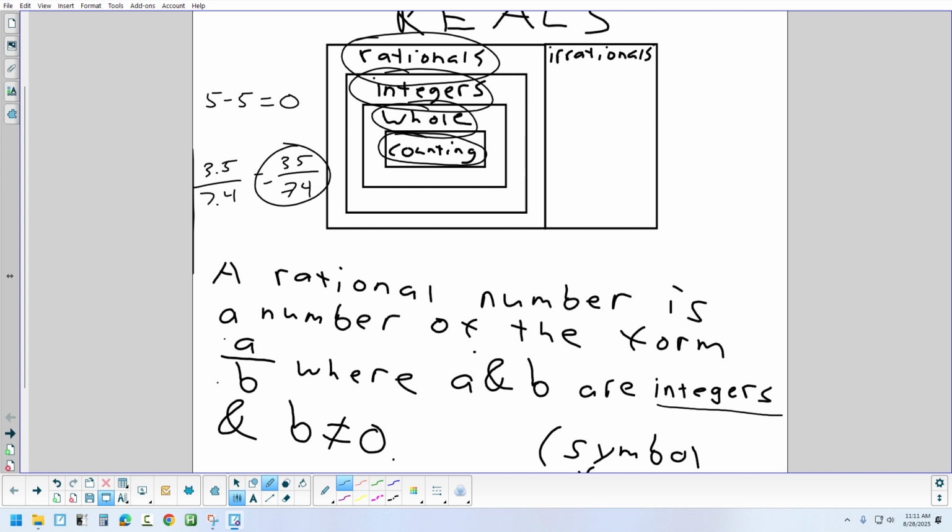But in math, there are still calculations we could do where we start with a rational number, we do something to it, and the answer isn't rational anymore. Does anybody know something you can do to a number and it could become irrational?